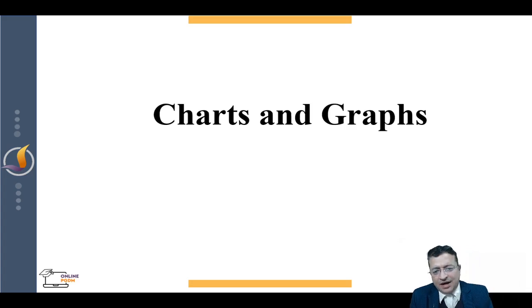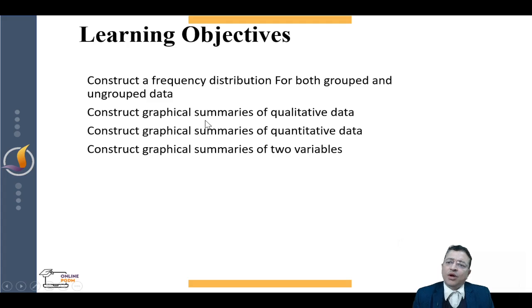Before I start with charts and graphs, let me tell you what exactly we will be doing in this case. We will see how to construct a frequency distribution for grouped data, or if it is ungrouped data, how to group it first.